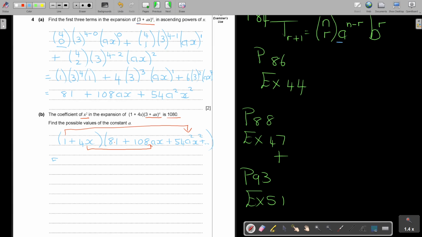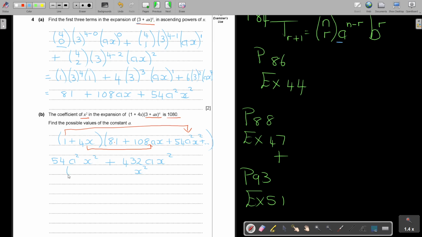So the first one, I get 54a squared x squared. Plus, if I say 4 times 108, I get 432a x squared.